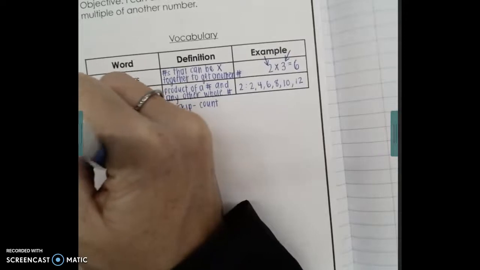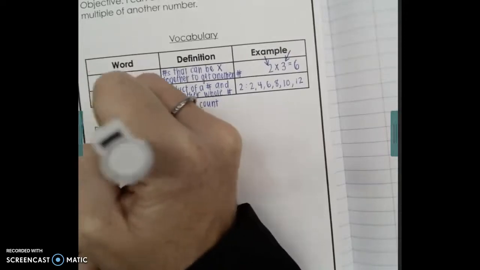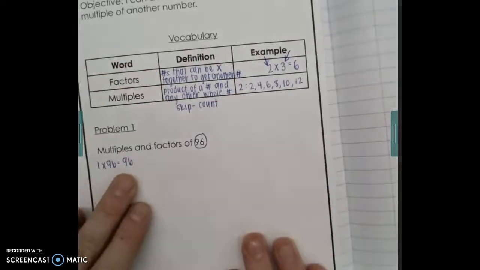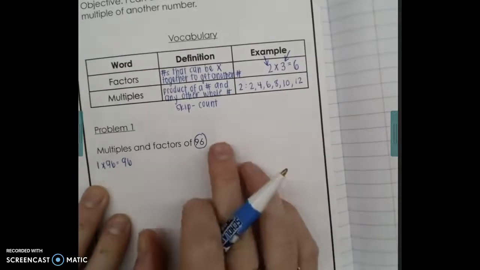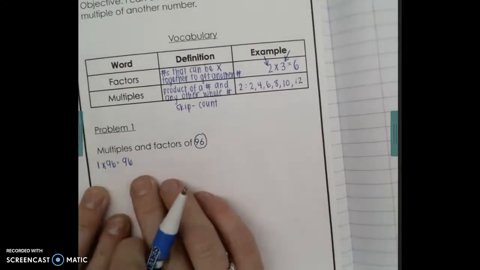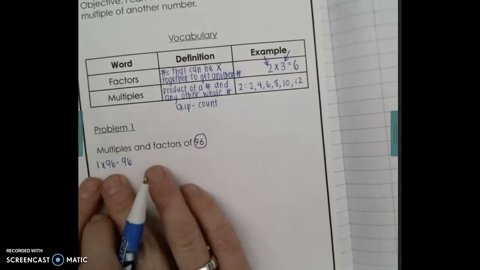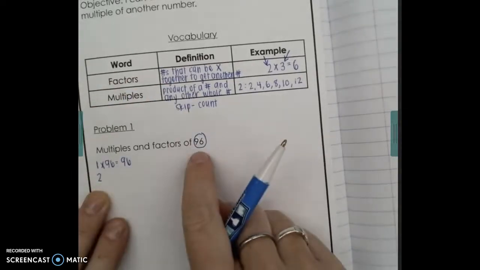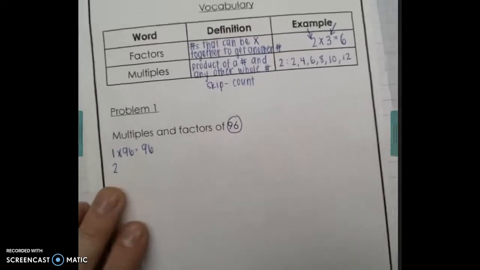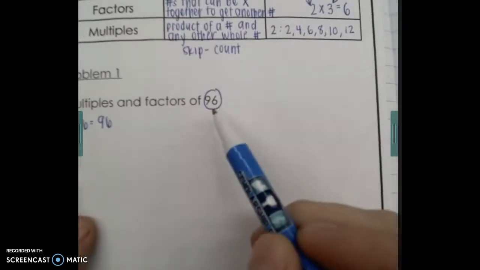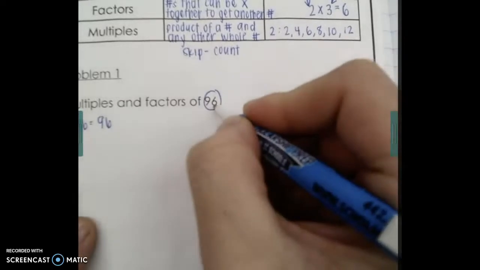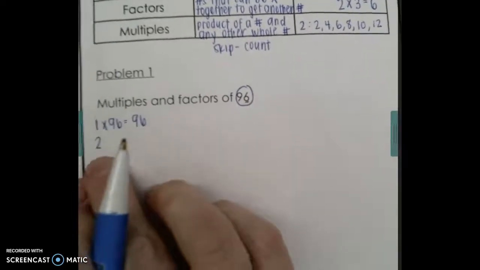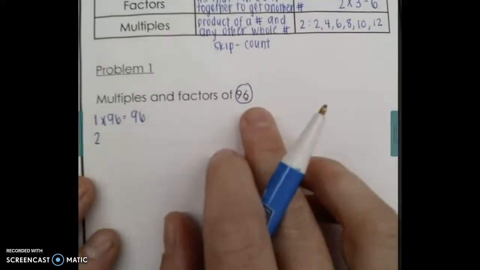So I know 1 can always go into 96, which would get me 96, right? So 1 and 96 would be a factor of 96. Now that would make it prime if that was the only two factors that would go into it. 2, does 2 go into 96? Well, because 96 is even, right? 6 is even, and 2 can go into 6, and we know 2 can go into 96.